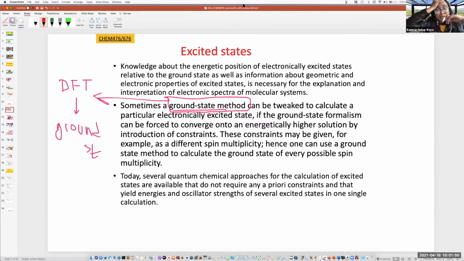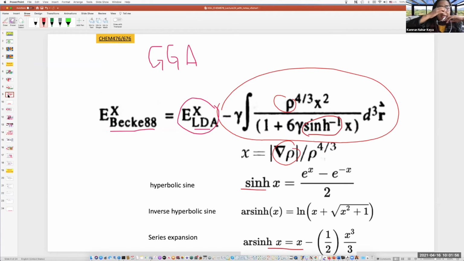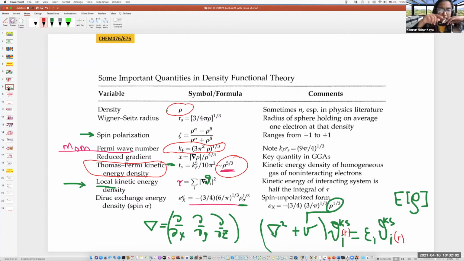Professor, you showed some equation. Can you go to that slide again, the previous one? Yeah, the last one, the direct exchange energy density.